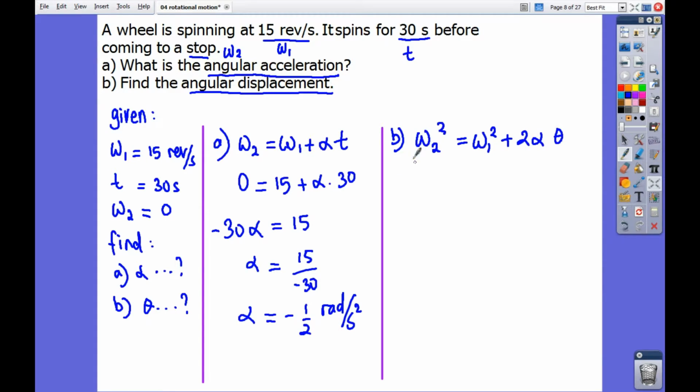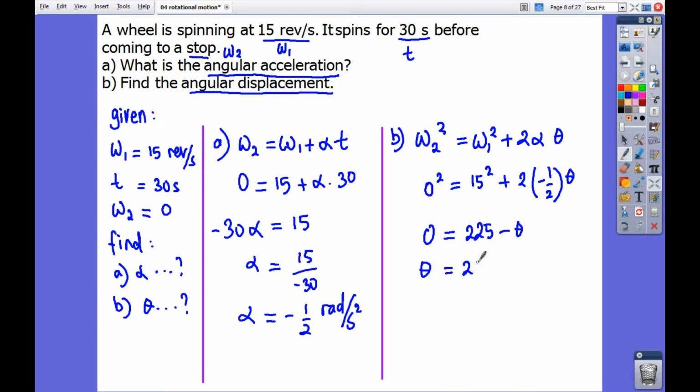Omega 2, we know that it is 0 squared equal to 15 squared added by 2 times minus half theta. So from here we know that 0 equal to 225 minus theta. So theta equal to 225 revolutions.